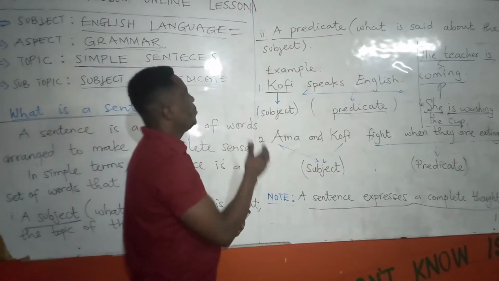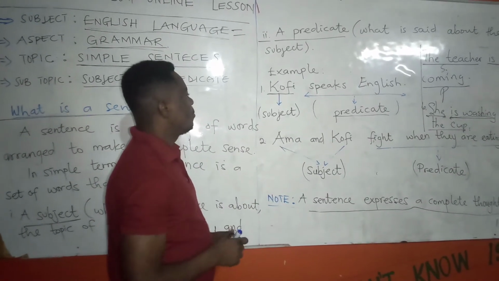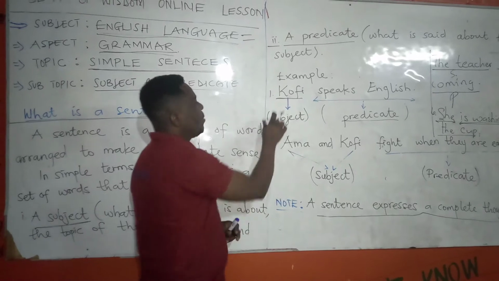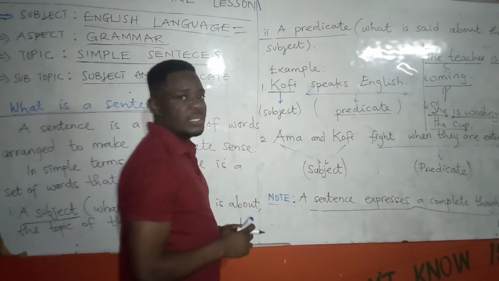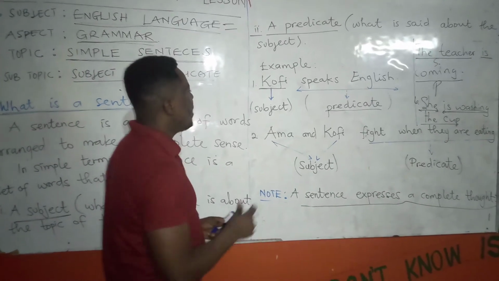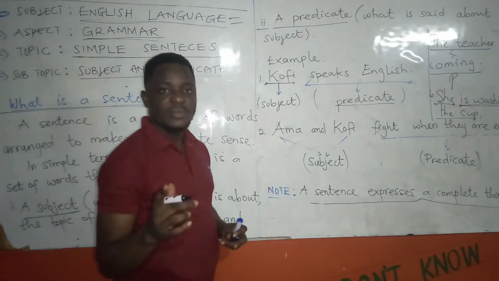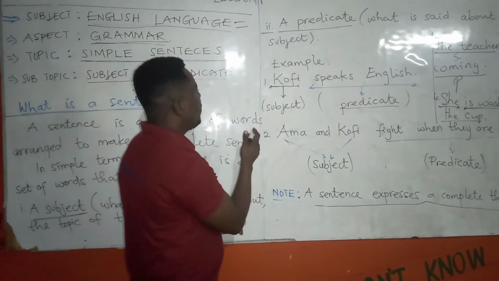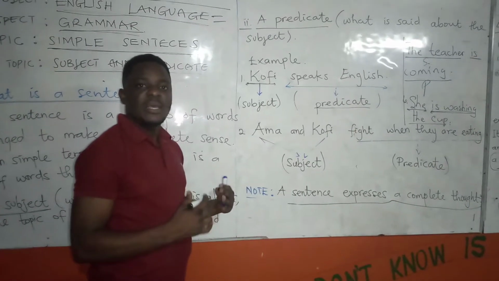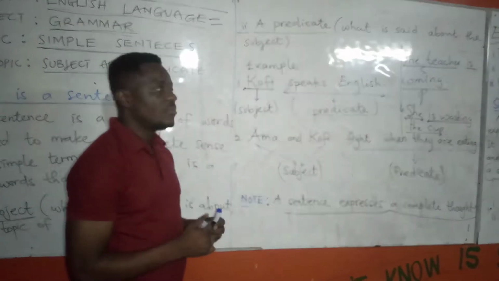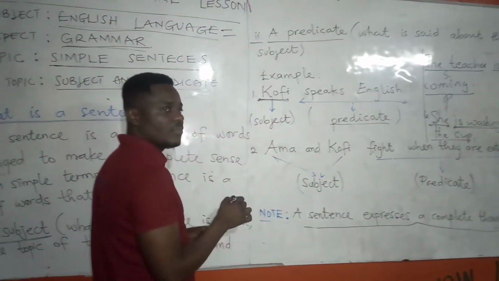Now, let's look at examples on the board. The first example, Kofi speaks English. Now, who is performing the action? It is Kofi. It is Kofi who is speaking, who is performing an action. So we say that the subject is Kofi.